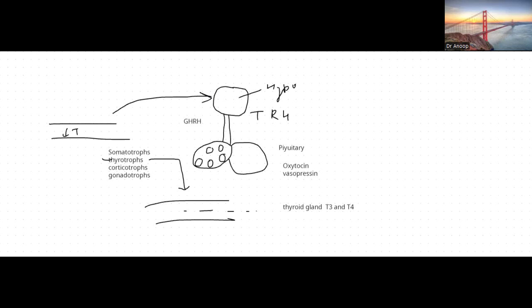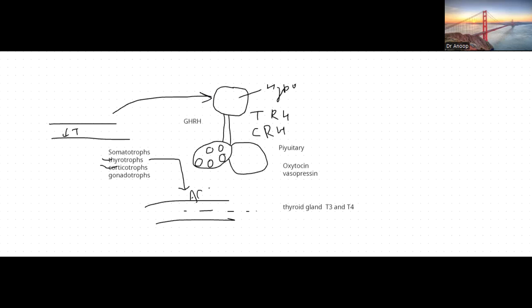Like in the case of thyroid there is TRH, here there is CRH. Corticotropin releasing hormone acts on the anterior pituitary and stimulates the corticotrophs, and the corticotrophs release ACTH, right?